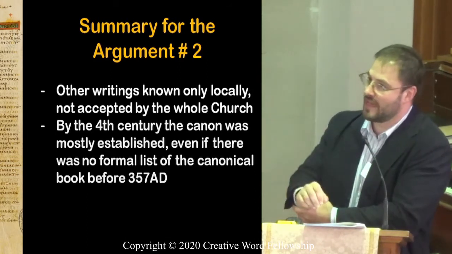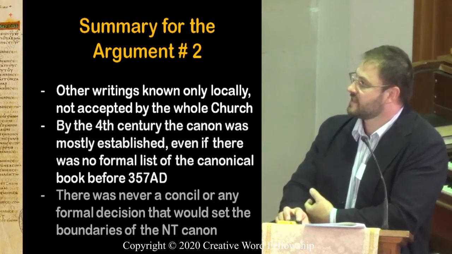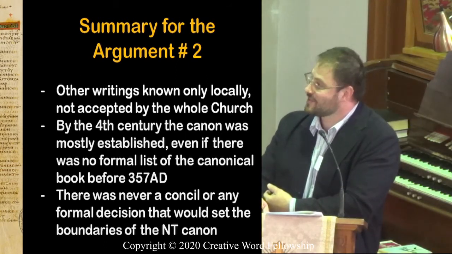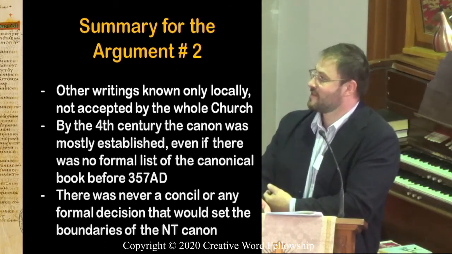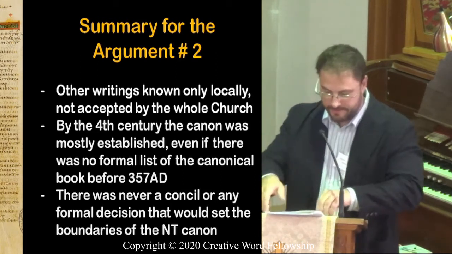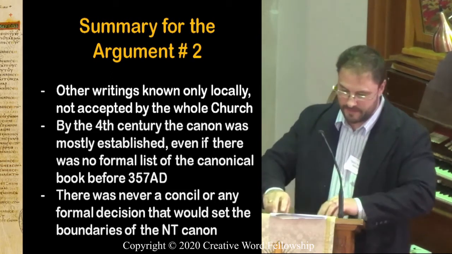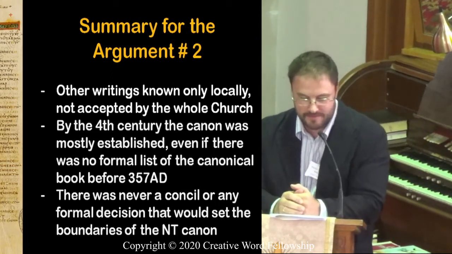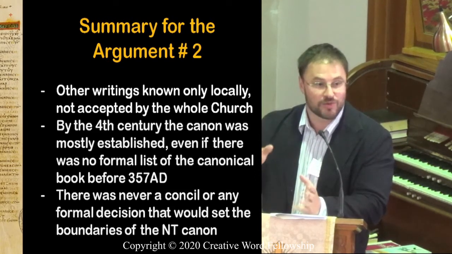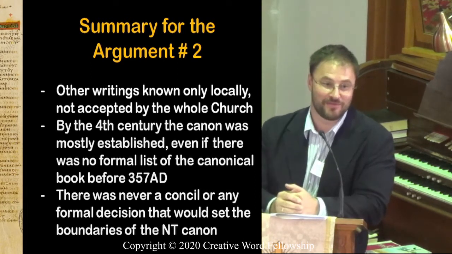even if there was no formal list of the canonical books. At least we do not have one before 357. But what we know is that there was never a council or formal decision that would set the boundaries of the New Testament. And it's interesting to reflect that no council or decision could give authority to books which did not have it already before.